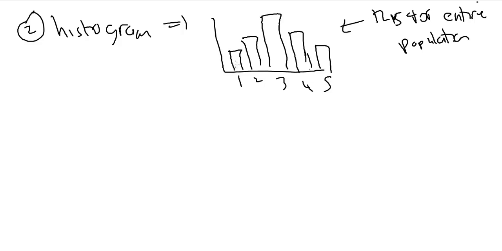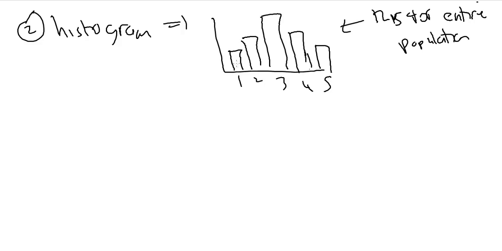Okay, the specific numbers would change because your sample might only have 15 people as opposed to 150. So of course, if you add the number in each of the boxes, so 1, 2, 3, 4, and 5, that should add up to the entire number of people you're talking about. So for the entire population, it should add up to 150. If you're dealing with your sample, it should add up to 15.